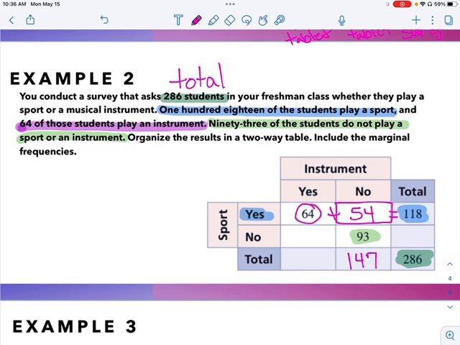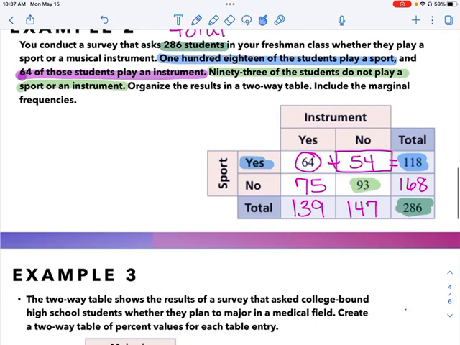Then, if we take the 286 minus 118, that's going to give us 168. And then if we take that and minus the 93, that's going to give us 75 for yes to an instrument but no to a sport. And then if we add that to 64, that's going to give us 139. Okay, so that's how we would go about filling in the rest of that chart.